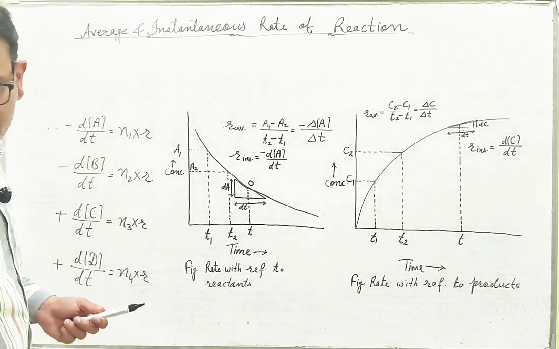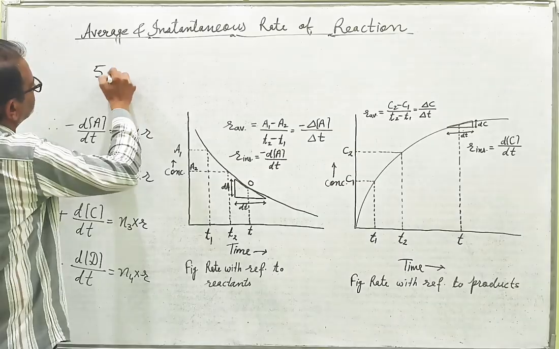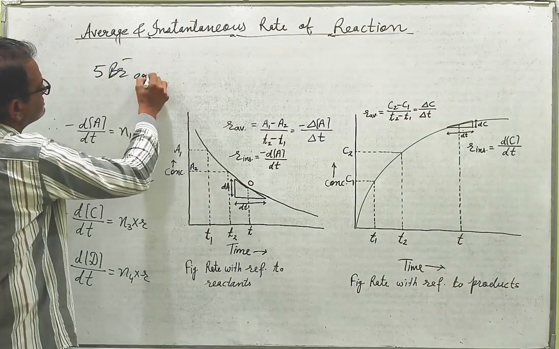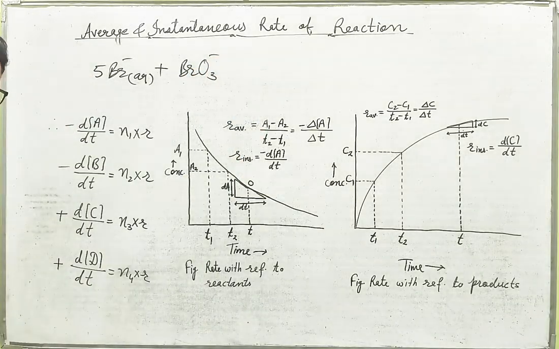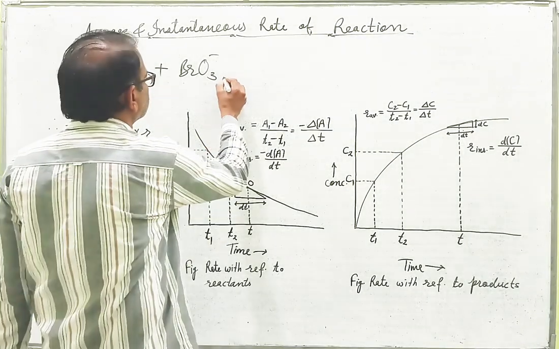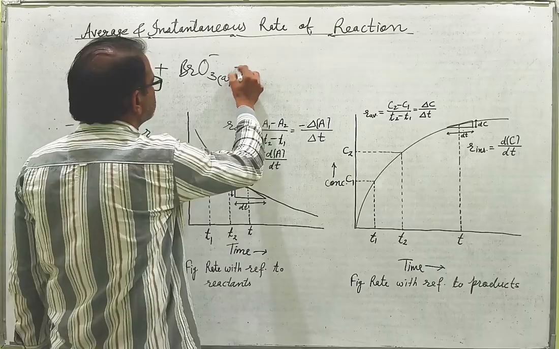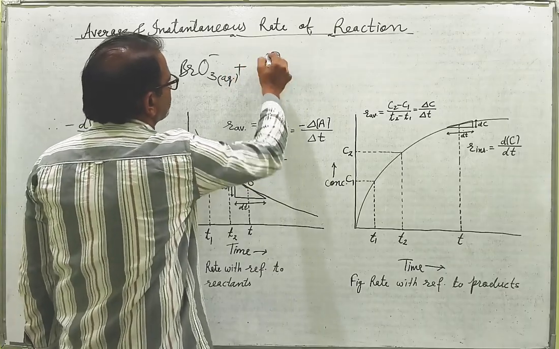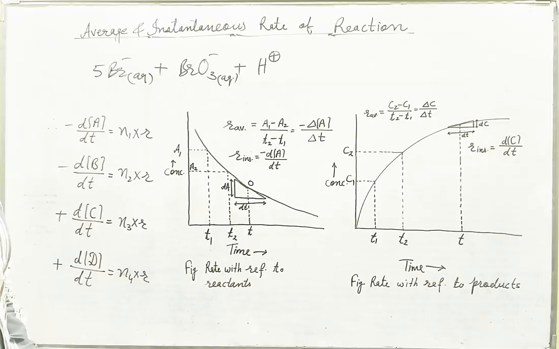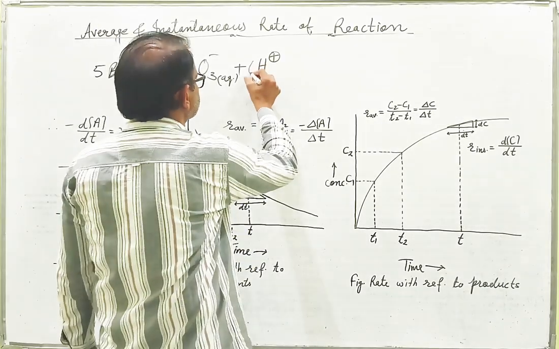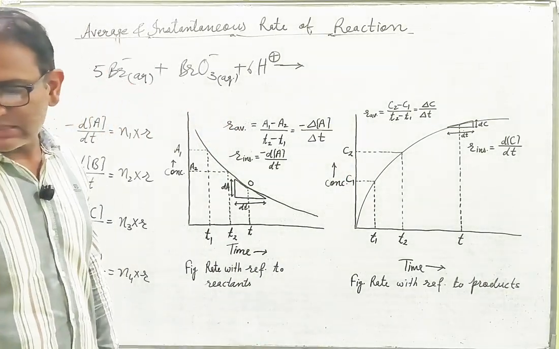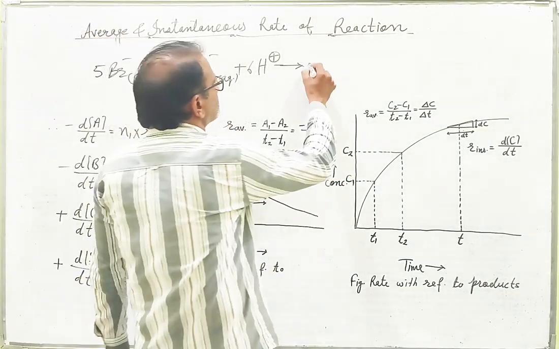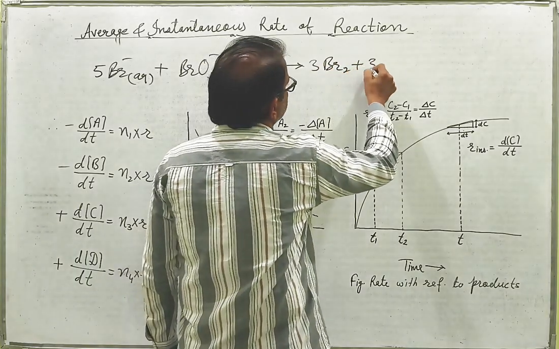That is 5Br⁻ (aq) plus BrO3⁻ (aq), which is also aqueous, meaning the reaction is taking place in aqueous medium, plus 6H⁺, meaning the reaction is happening in acidic medium, will be equal to 3Br2 plus 3H2O.